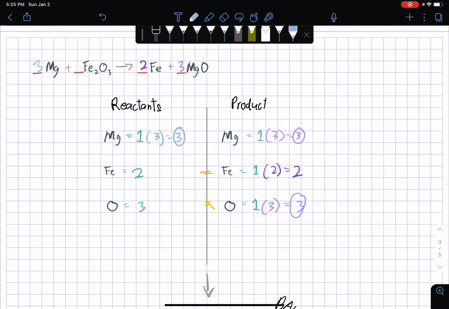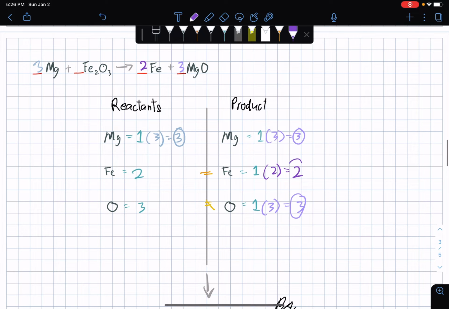Now, give me a few seconds to recalibrate what we've just done. Well, for this part, let's just place a coefficient 1 because we have nothing to do with it anymore.